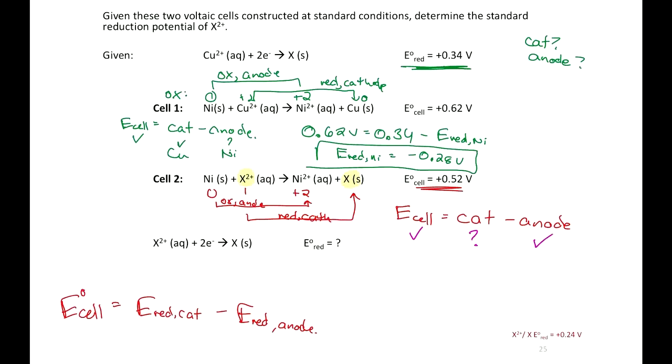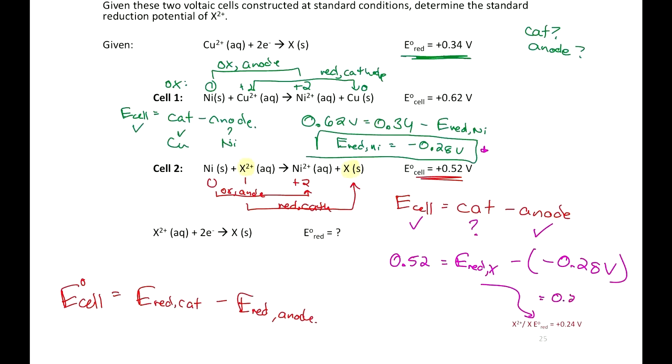All right, so plugging in those numbers, 0.52 equals the reduction potential of the cathode, in this case X, whatever this unknown substance is, minus the reduction potential of the anode that we got in the first part, negative 0.28 volts. And so we see that the reduction potential of that missing piece is something like 0.24 volts.